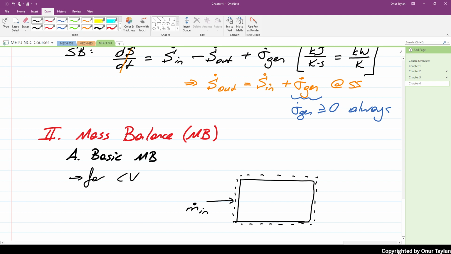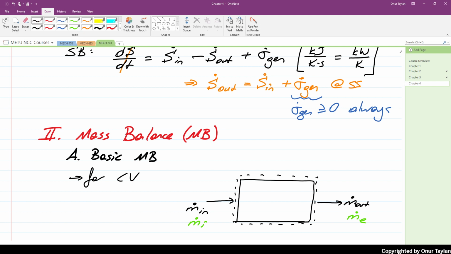I put the subscript in here, but some textbooks just put i, which stands for inlet, and m dot out over here. Again, some textbooks put subscript e, which stands for exit. So m dot i and m dot e mean the same thing.